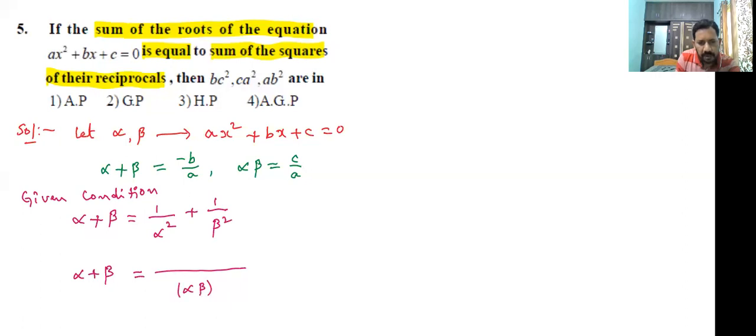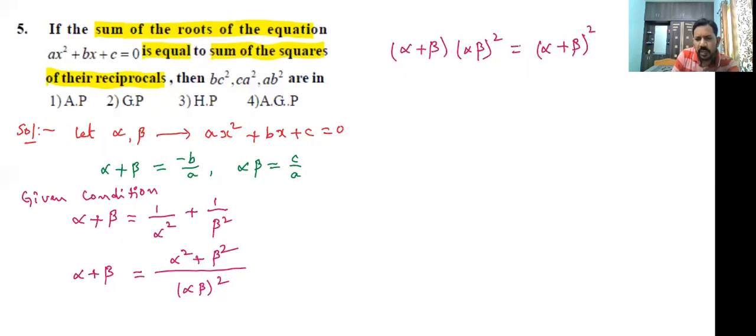I am writing alpha beta whole square. Numerator, we get beta square plus alpha square, but I am writing in particular order. Now, alpha plus beta into, take cross multiplication, alpha beta whole square, that is equal to alpha square plus beta square means, what is the formula? Alpha plus beta whole square minus 2 alpha beta.